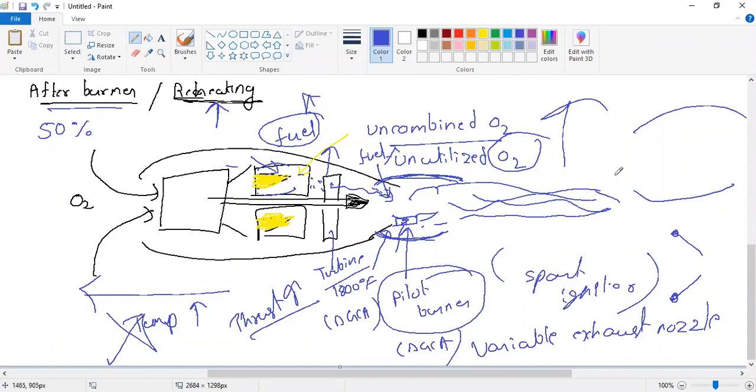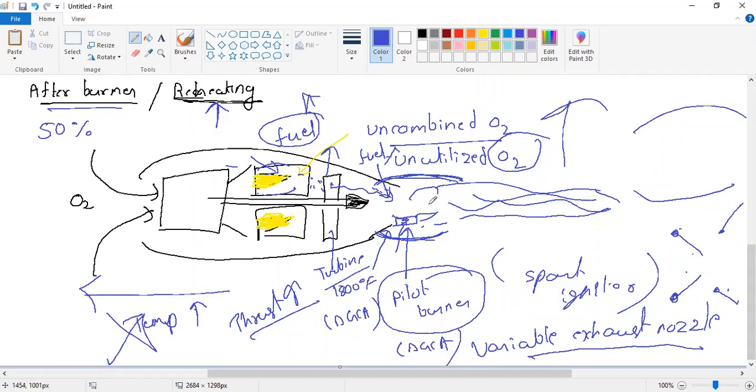When you are using the afterburner, the variable exhaust nozzle will be in the open position, that is, a divergent section. So if you are not using the afterburner, you will have a convergent shape. If you are using the afterburner, you will have a divergent shape.